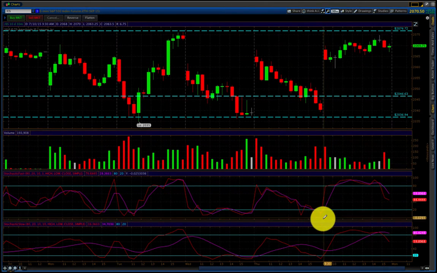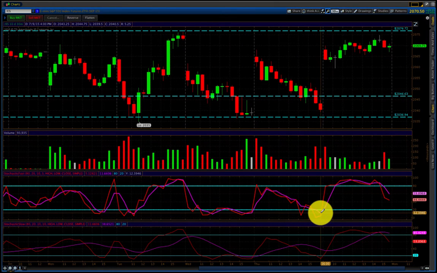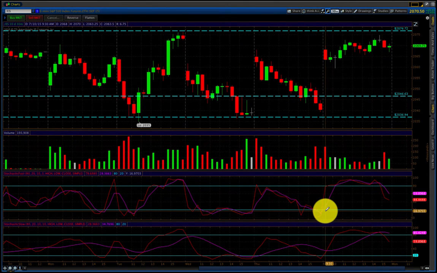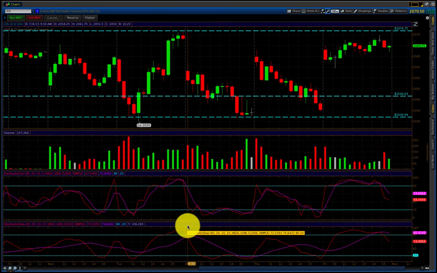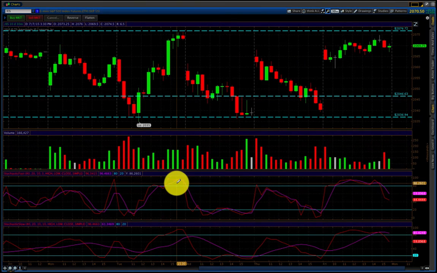So we had a signal here. We didn't get the signal on the slow until the next morning. The fast gave us a short signal there, which is interesting.